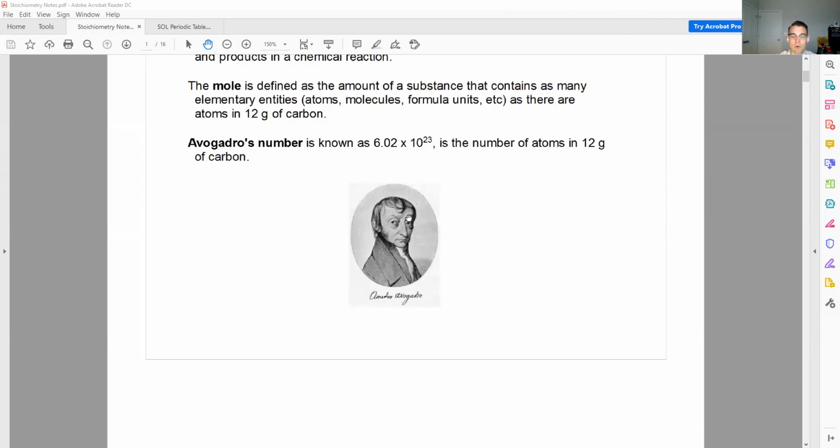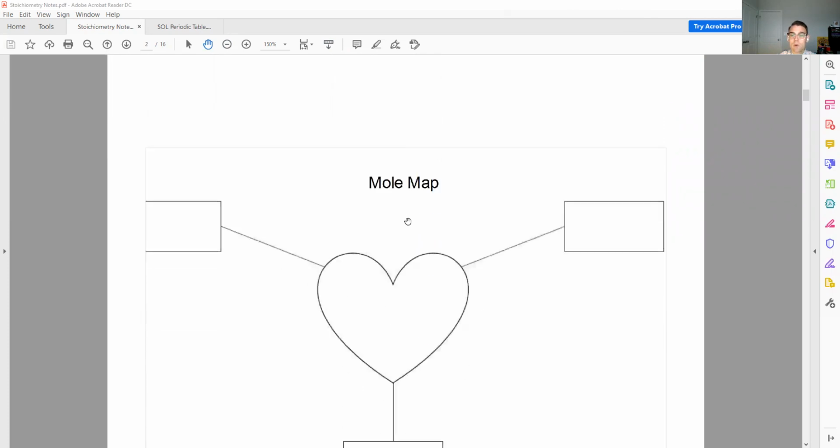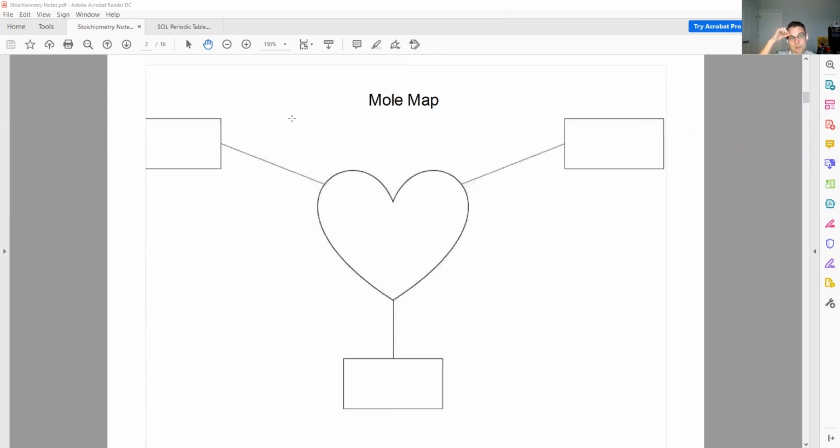So we are going to look at some mole conversions, and we're going to use this mole map. So you're definitely going to want to write this out. It's going to be very helpful to you. And what we're going to do is we're going to start this lesson, which is mole conversions, from the mole to 3 different things. So like I said, the mole is the heart and soul of stoichiometry.